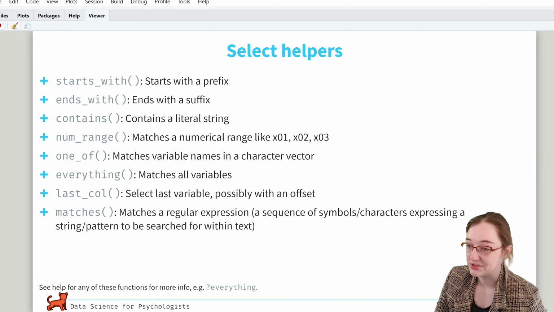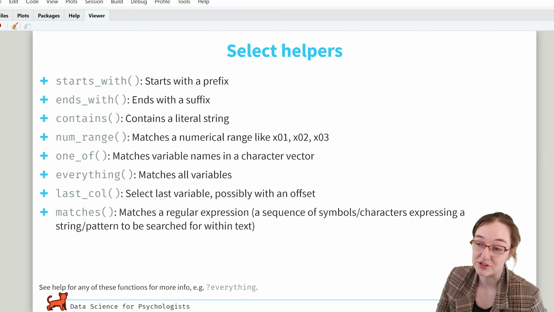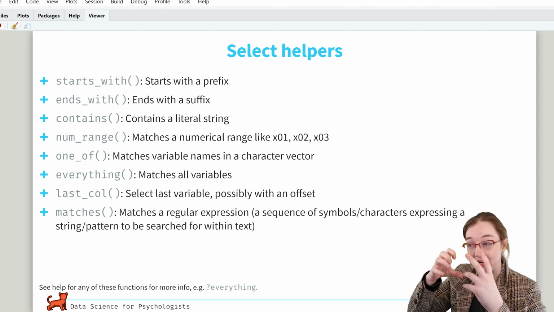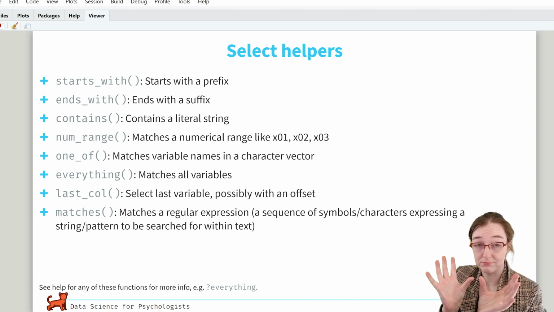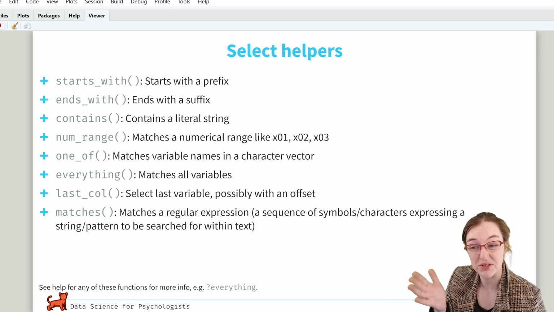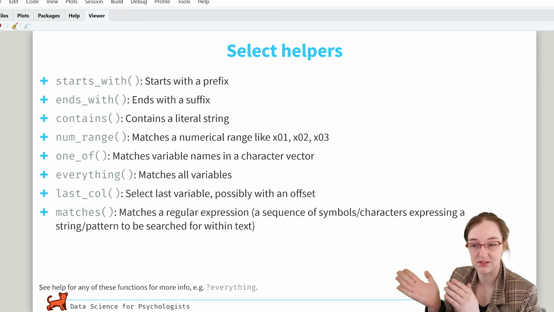You can also do a number range, so it matches a numerical range like 1, 2, 3, 4. One of matches variable names within a vector, so you can have it look for multiple things. You can have it match all the variables, or select the last column. You can also offset this, so second to last, third to last, etc.